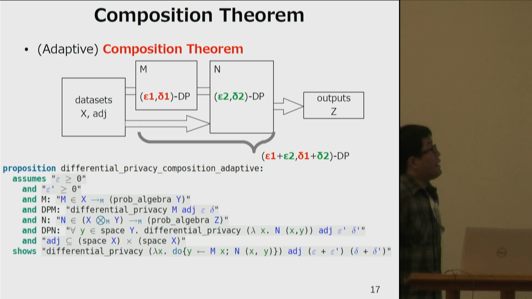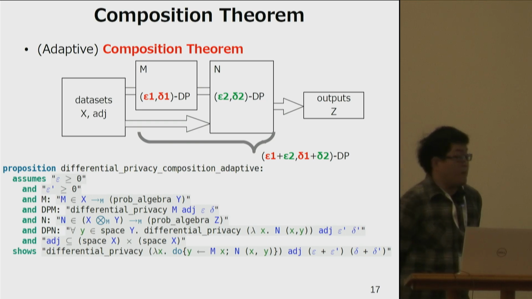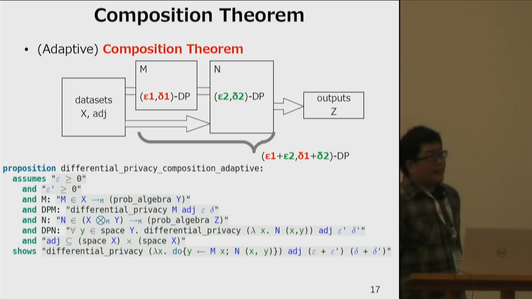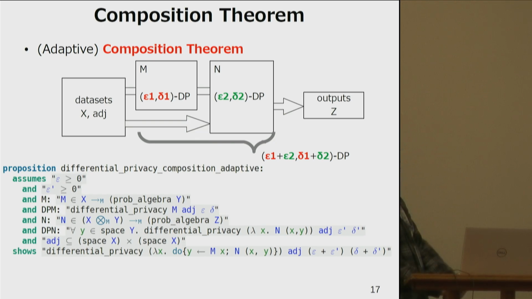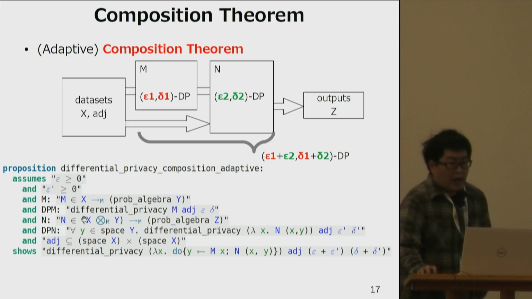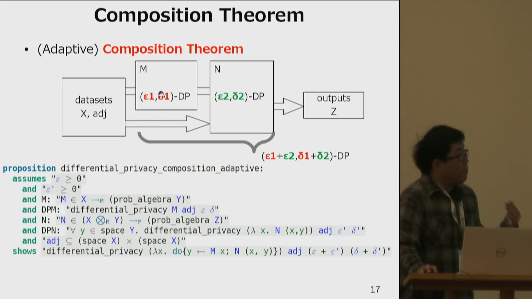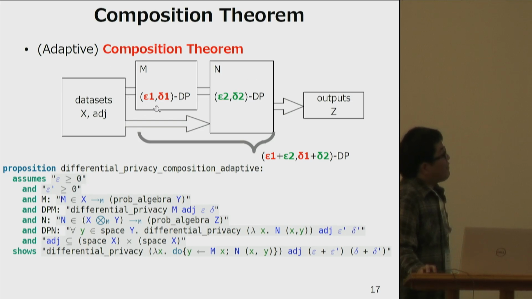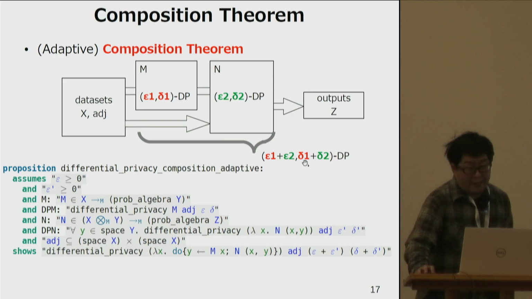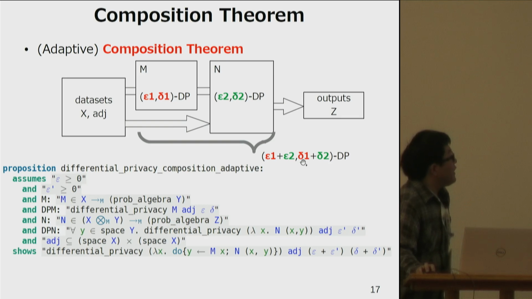Second, differential privacy also has the composition theorem. It is a main feature of differential privacy. So intuitively, we compose the private mechanisms M and N, epsilon 1 delta 1 differentially private, and epsilon 2 delta 2 differentially private. When we compose M and N, we obtain an epsilon 1 plus epsilon 2, delta 1 plus delta 2 differentially private mechanism. Here, M accepts only the data set.